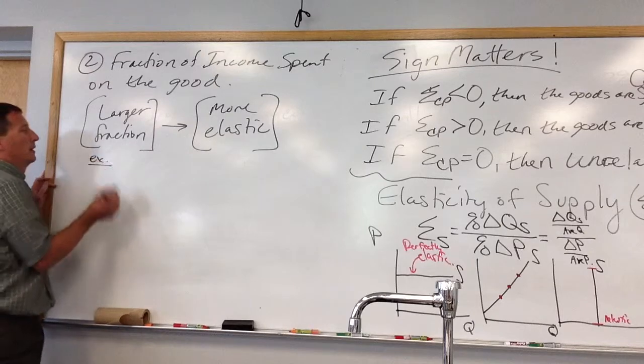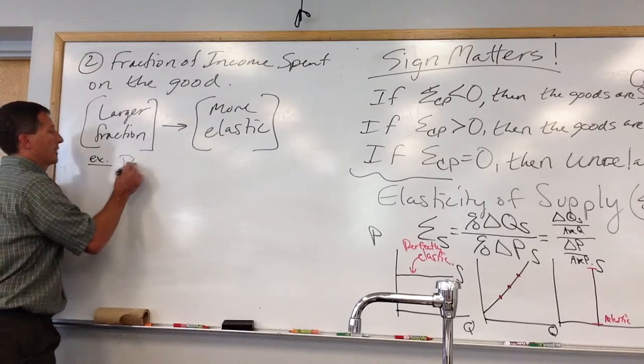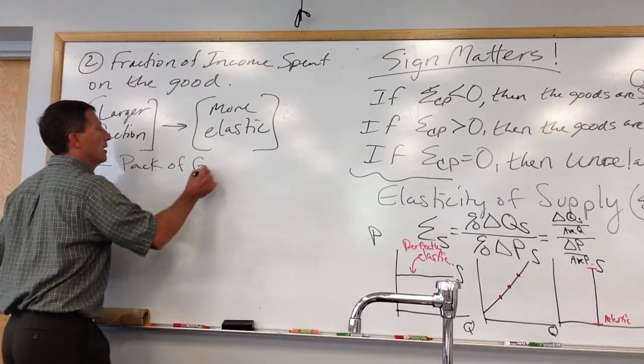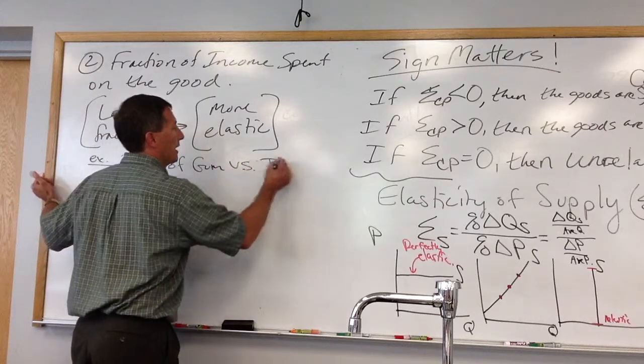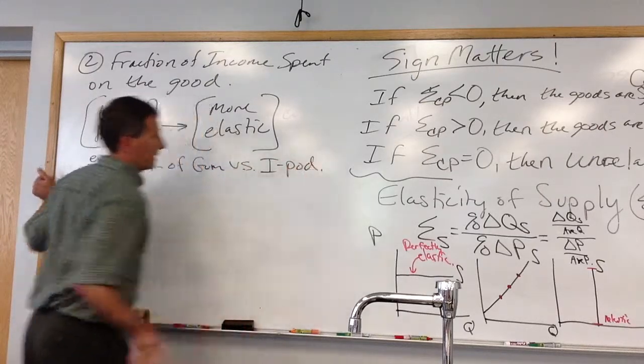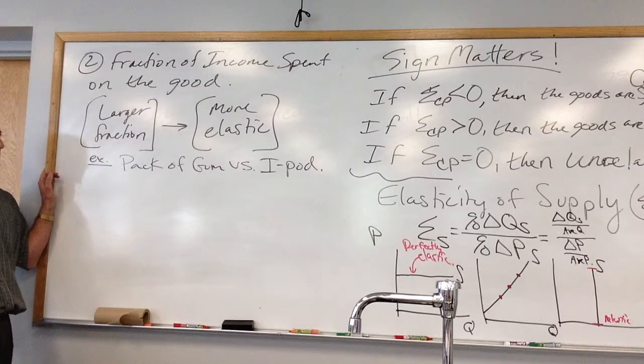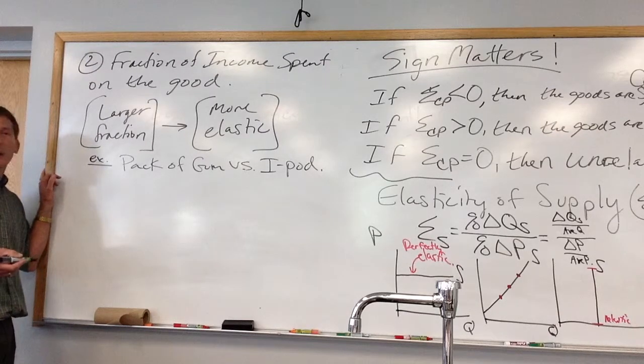So for example, a pack of gum versus an iPod. An iPod is running maybe $400 to $500. A pack of gum is $1. You go to the store and they raised the price to $1.20. Who gives a rip? What's another 20 cents?